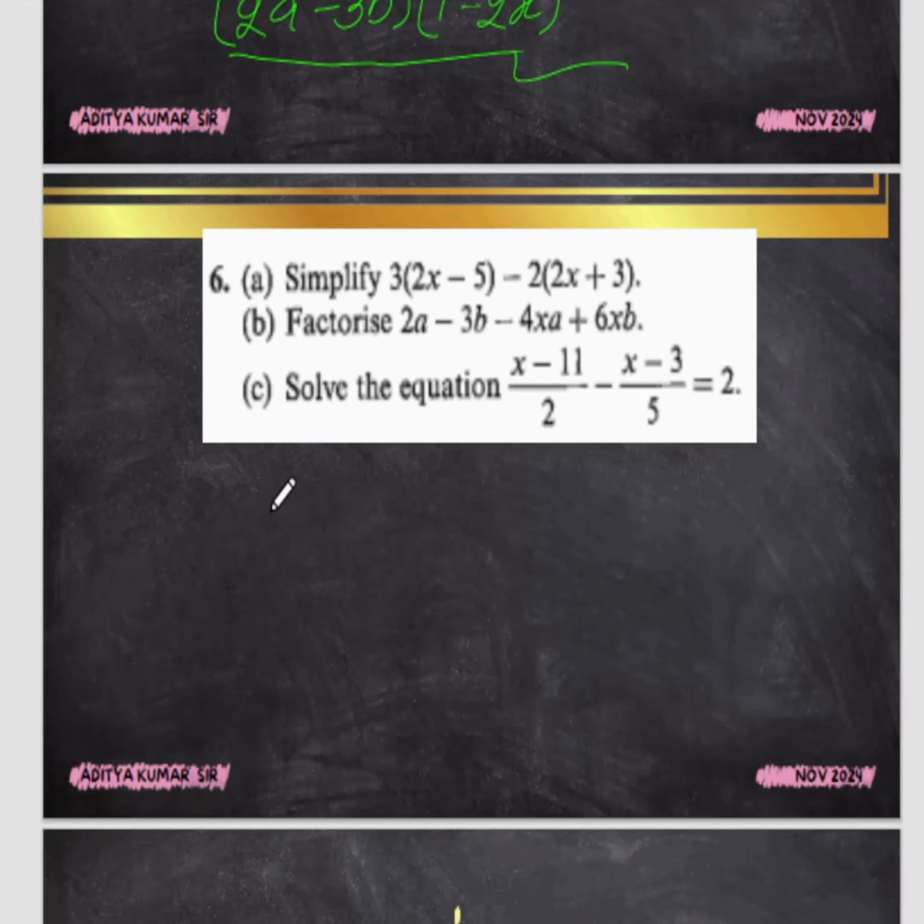Now see the next question, which is (x - 11)/2 - (x - 3)/5 = 2. So let's solve this. So it is (x - 11) upon 2 minus (x - 3) by 5 equal to 2.